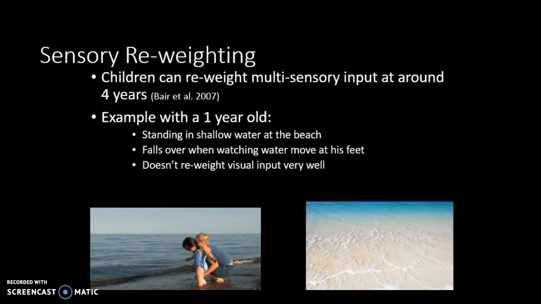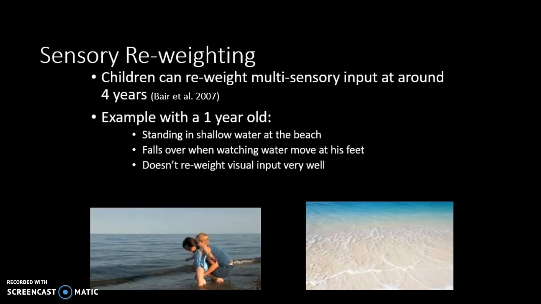If we look at it in terms of when waves come, if you watch a kid, 1-2 years old, go to the ocean and you see the small waves come in, you'll actually see them fall on their butt. Usually children can start to reweight multiple sensory inputs at around 4 years old.